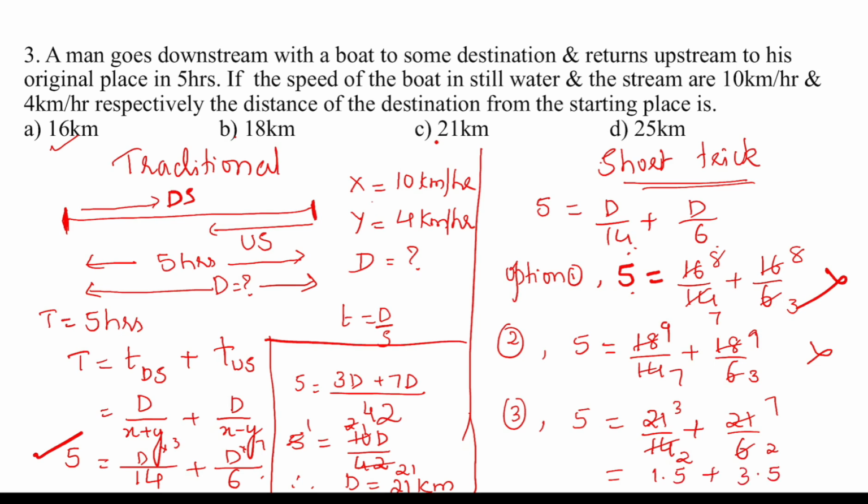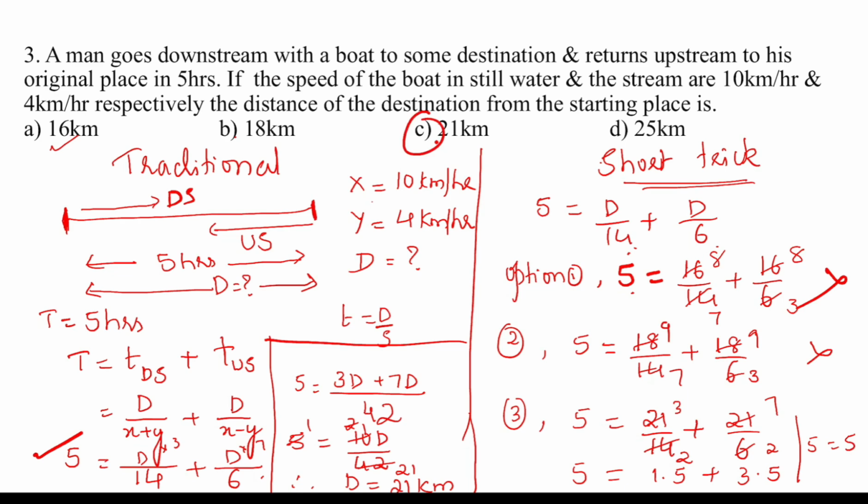So when we add 1.5 plus 3.5, it is equal to 5, isn't it? It is equal to 5. So therefore 21 is the answer. From options we can say that 21 is the answer, 21 kilometer.